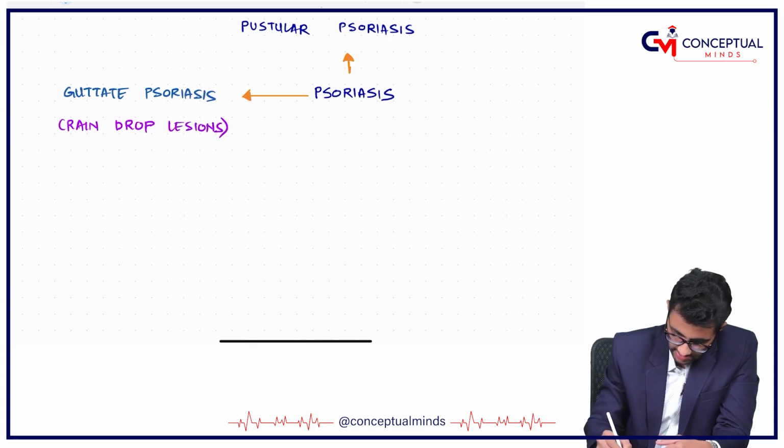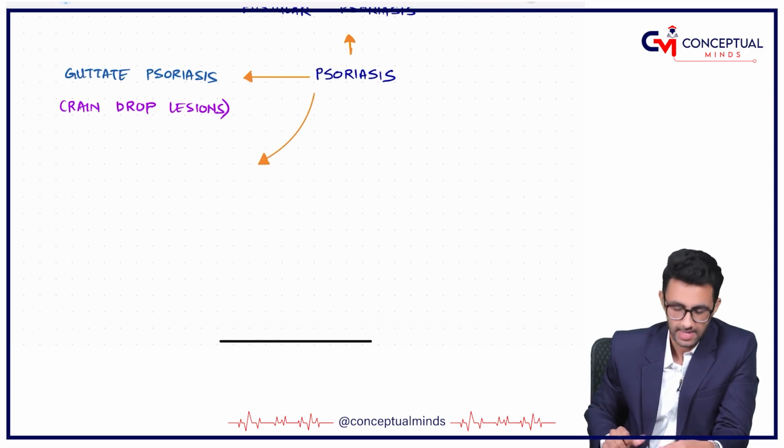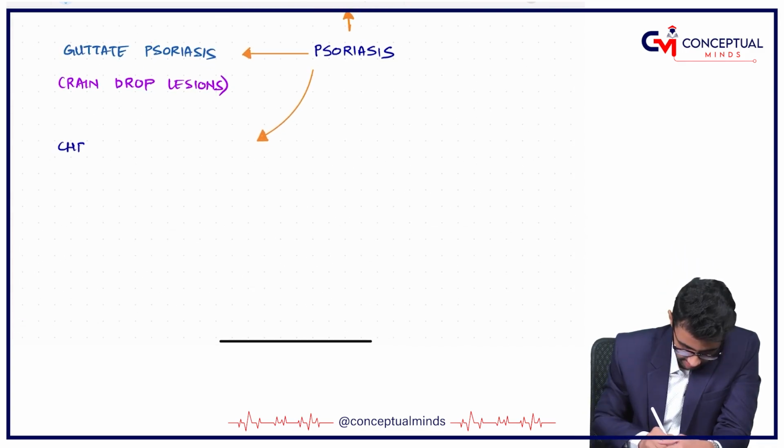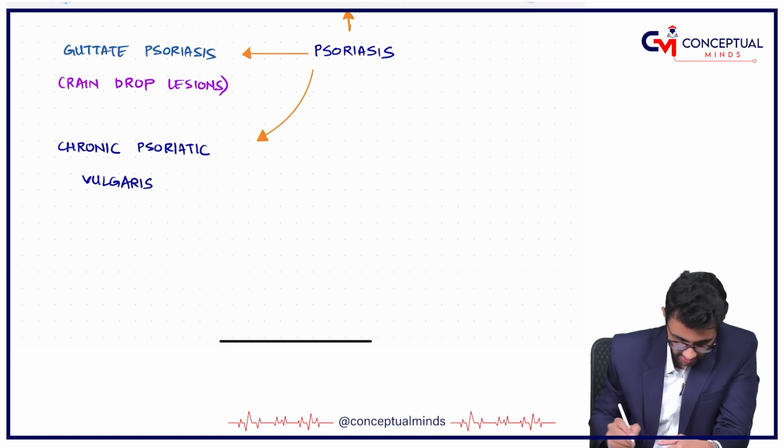Okay, and the next type of psoriasis is the most common one. So the word we used for common is vulgaris. Yes, so chronic psoriasis vulgaris. Okay, fine.